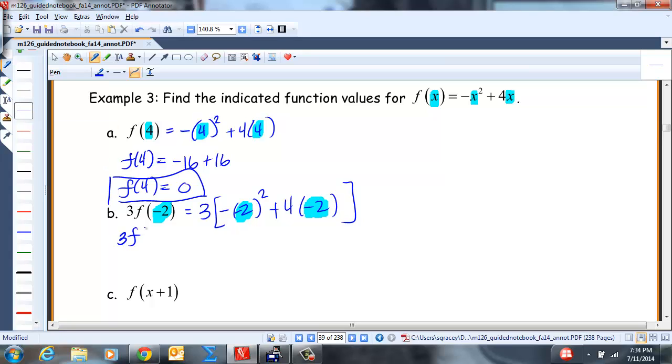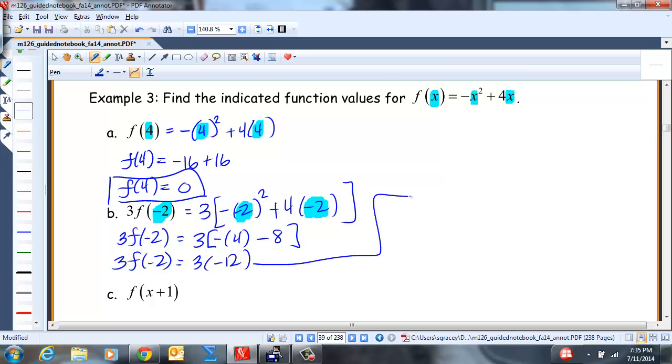So 3 times our function evaluated at -2 is 3 times... -2 squared is 4, and then 4 times -2 is -8. So 3 times the function evaluated at -2 will be, so -4 minus 8 is what? Good. -12.